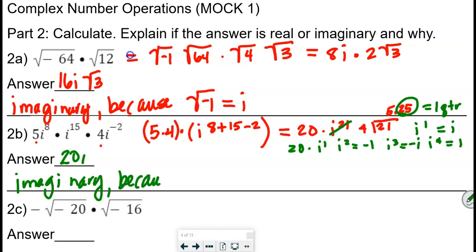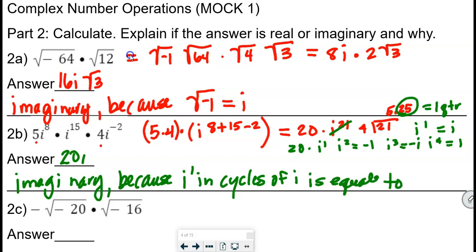Because i to the first in the cycles of i is equal to, sorry, that was not very pretty, y'all, just i, right?